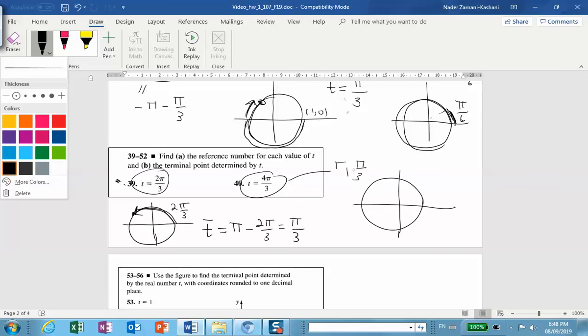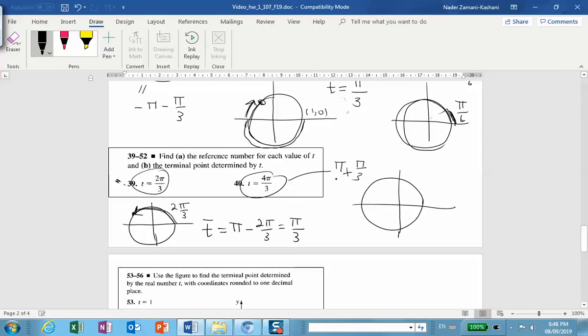So you go by the amount pi, going counterclockwise, positive, and another pi over 3 puts you over here. This is the value of t. The shortest distance to the x-axis is this much, which is pi over 3. So t bar is pi over 3.